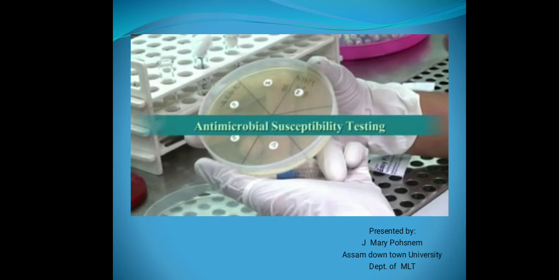Then the method must be relatively simple to use, be very reliable, and yield results in as short a time as possible. So we have different methods where we can perform this AST, but today I'm going to discuss mostly the Kirby-Bauer method. The Kirby-Bauer method of sensitivity testing is such a method used for testing both antibiotics and drugs.